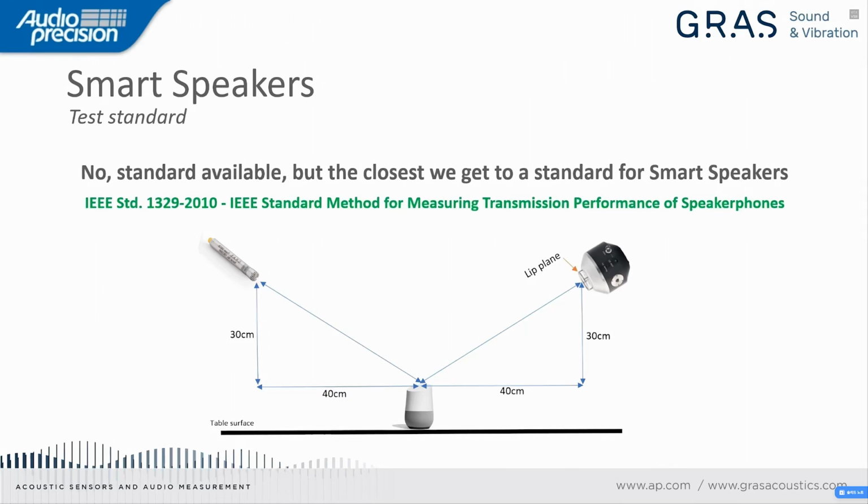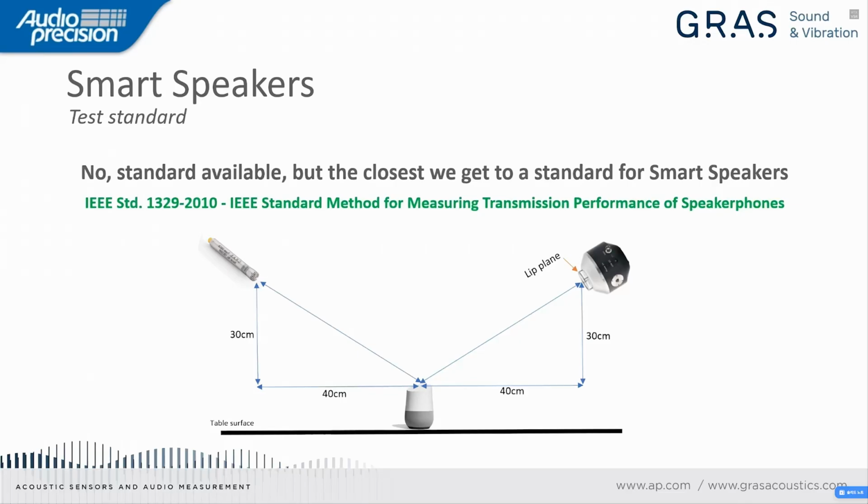We place our device under test, the smart speaker, on a table surface in the middle, and then we place an artificial mouth 40 centimeters away and at a height of 30 centimeters above the smart speaker. We do the same with the microphone.